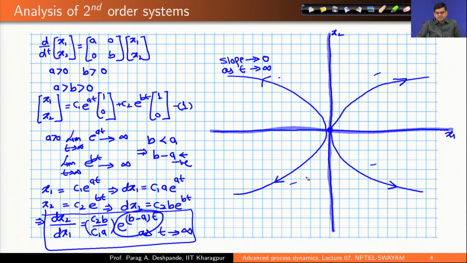So, as time t tends to infinity, is the system diverging? Is the system going to infinity? Yes, the system is going to infinity, but is it also satisfying the condition that the slope must converge to 0? Yes, it also satisfies that condition. So, now I can draw certain other lines as well.